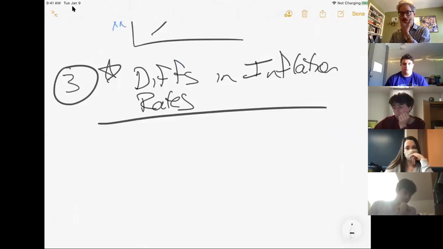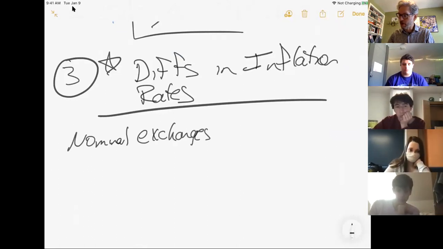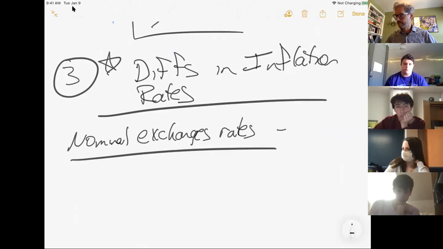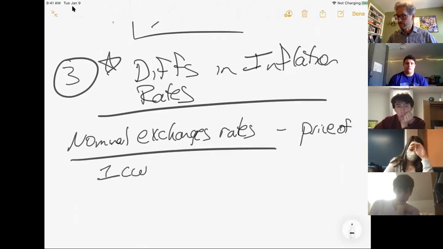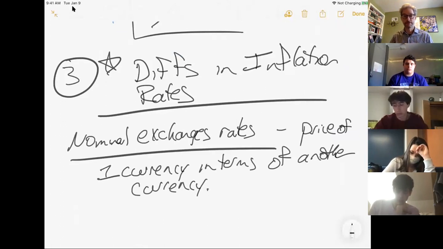Okay, so let's think about this. When we've been talking about exchange rates, what we've been talking about is essentially a nominal exchange rate. It's the price of one currency in terms of another currency.